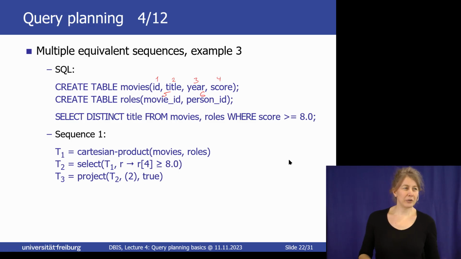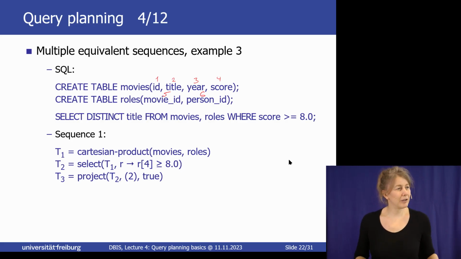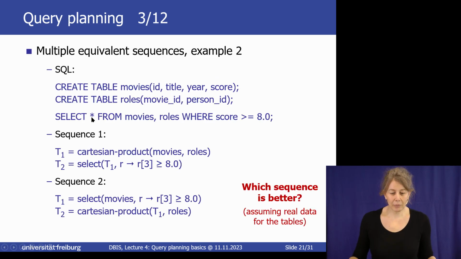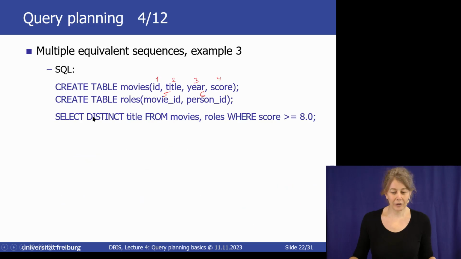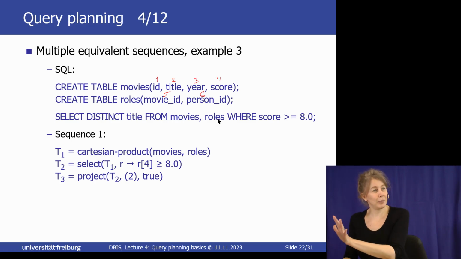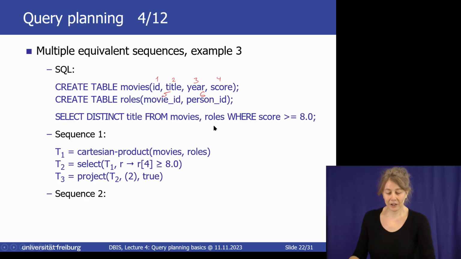So before I show the second sequence, what strikes you about this, yeah? We don't need roles. Yeah, we don't need roles. But, I mean, here we have star, right? But here we only have the title, so we really don't need it. I mean, it's written in the query, but the database system can just drop it without affecting correctness, right?